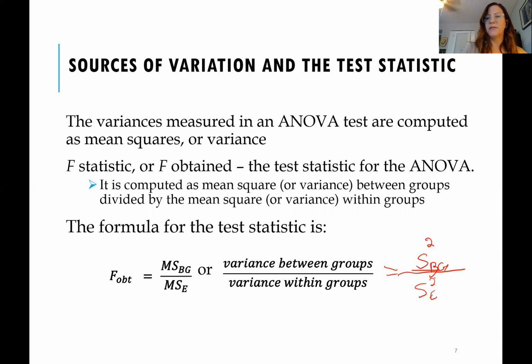Because remember, mean square means the same thing as variance, as S squared. So hopefully that'll help you connect those. But you're going to be seeing MS because that's the notation with ANOVA. So this is how we get our F obtained.